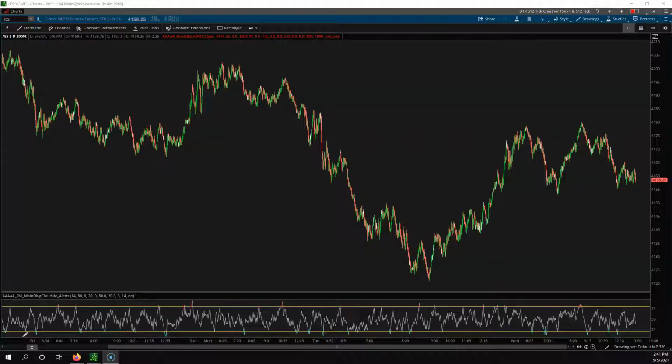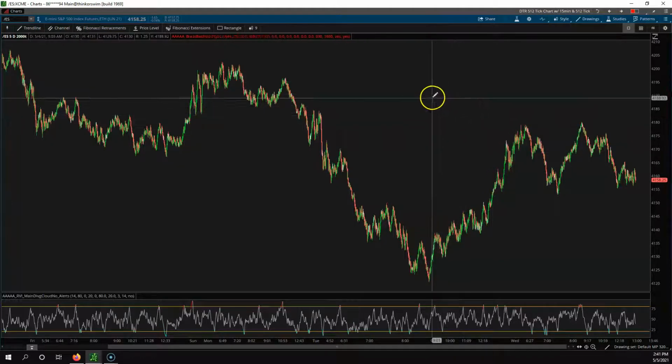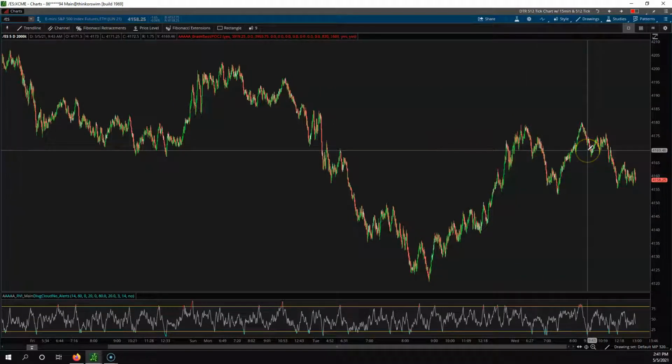And what we're going to talk about is different time frames of drawing Fibonaccis. We're going to look at a 5-day 2000 tick chart. Now, you might ask, why a tick chart? On a tick chart you're able to see patterns a lot more clean.